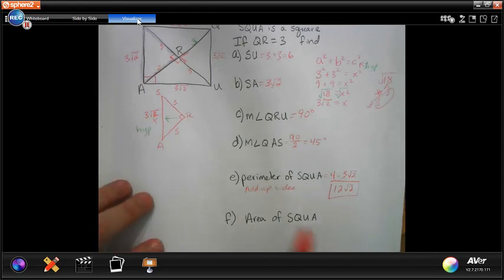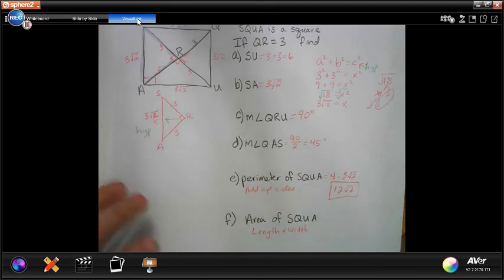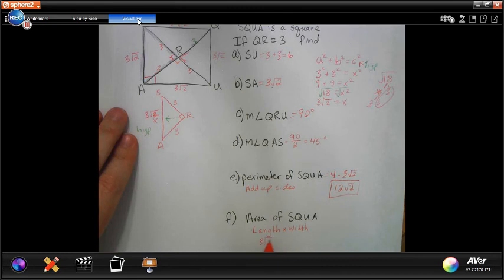And then the area. You've heard area before as length times width. On a rectangle, length times width. So length is 3 radical 2 times the width, 3 radical 2.